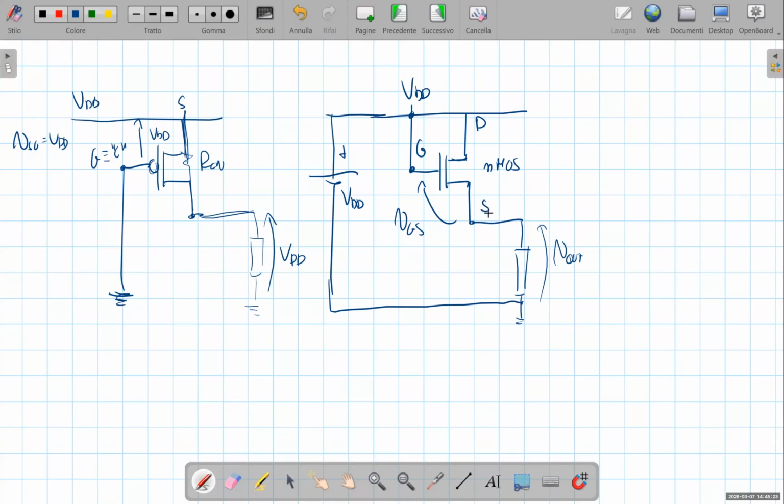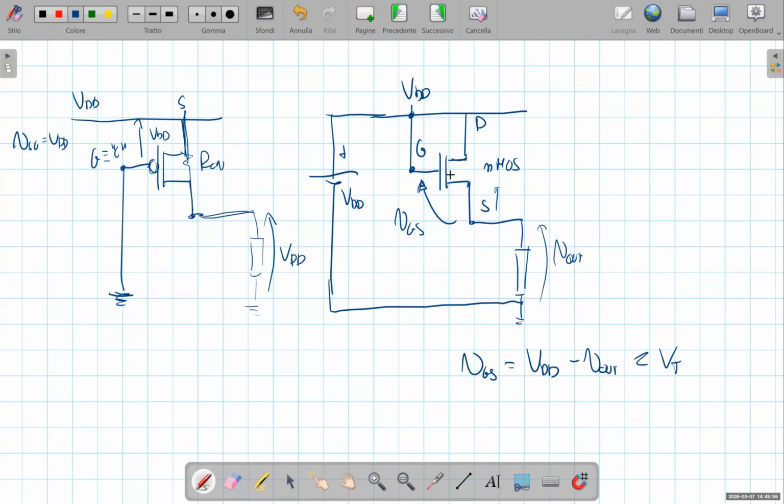So the source voltage increases as well, and the gate source voltage, VGS equal to VDD minus Vout, decreases as well.